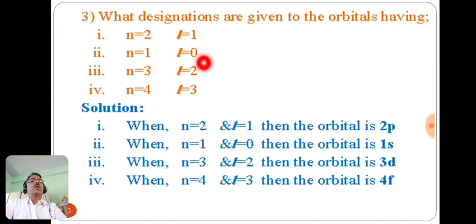When n equals 1 and L equals 0, this is 1s. When n equals 3, the third energy level, and L equals 2, that is d, so this is 3d. And last, n equals 4 means the fourth energy level, and L equals 3 is f, so it is the 4f orbital.